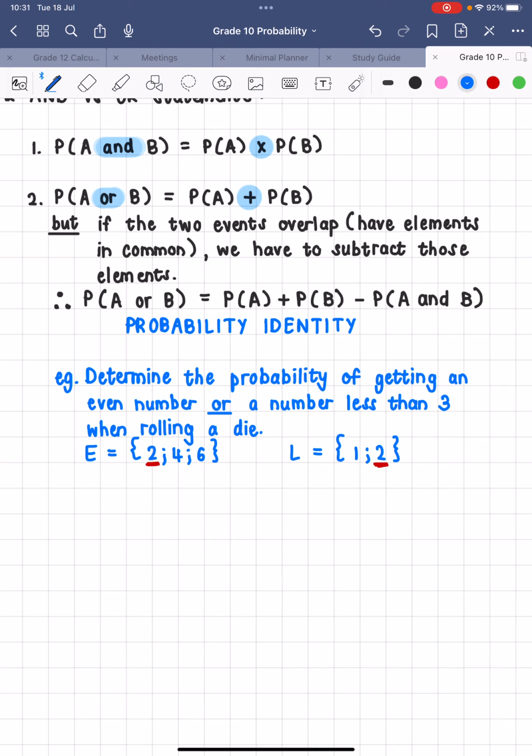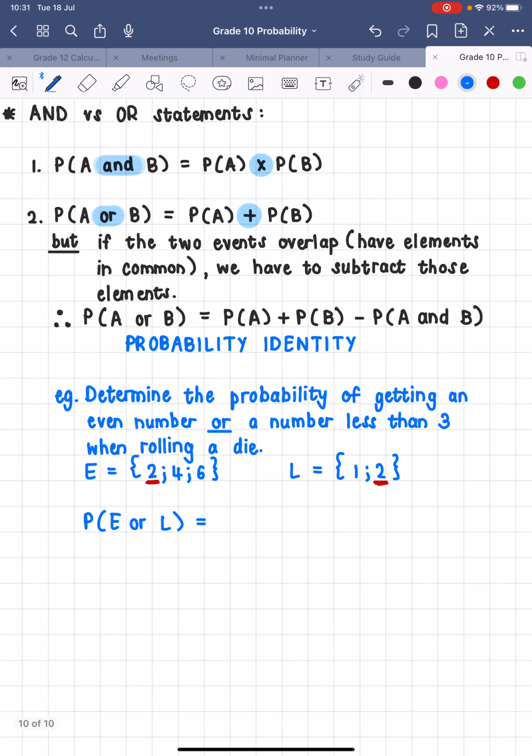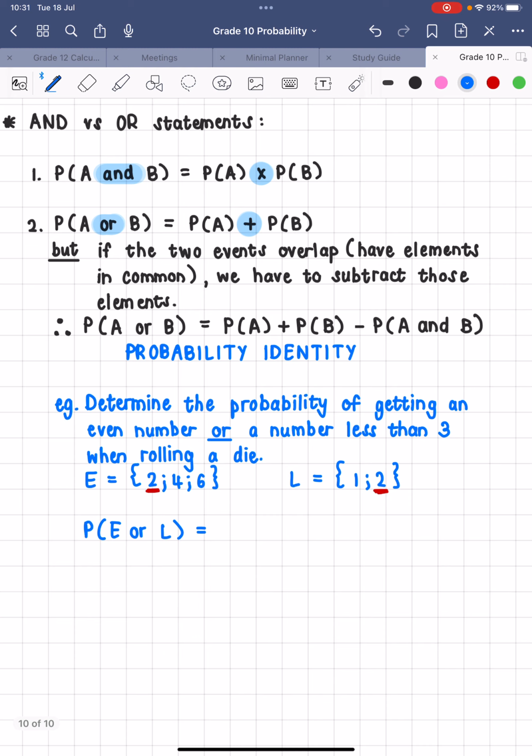Okay, so let's quickly just write this down. We're going to say the probability of E or L would be, if we're now applying the probability identity, which is up there at the top, it's OR, so I'm looking for this identity.